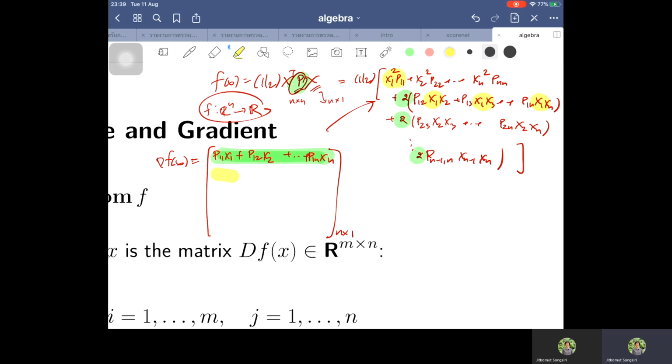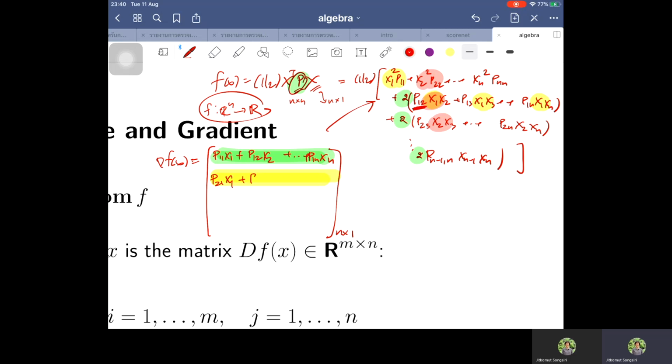How about the second row? We do it one more time with x2. I'm going to mark the terms that involve x2, so it's going to be here, here, here, and so on. Then you see that it's p12, but p12 is actually p21 because P is symmetric.